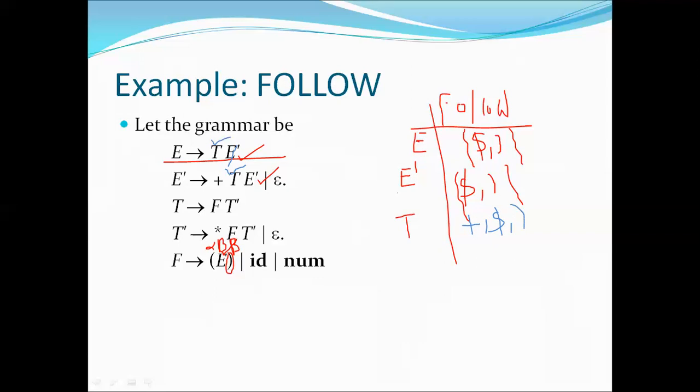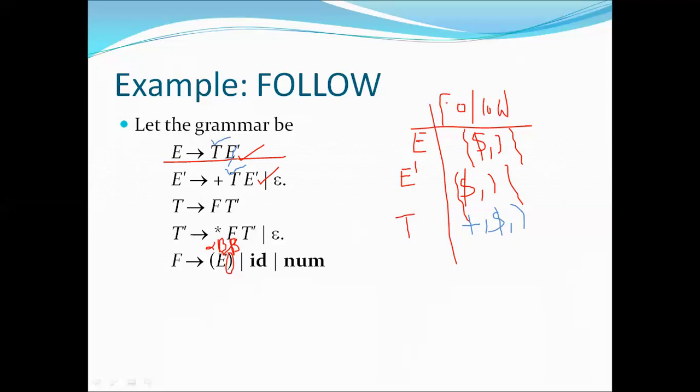According to the first production, T is following E dash, so include the first of E dash. What is the first of E dash? It is plus comma epsilon. Epsilon we don't include, only plus. So plus I have included, and by substituting the epsilon, this will vanish.